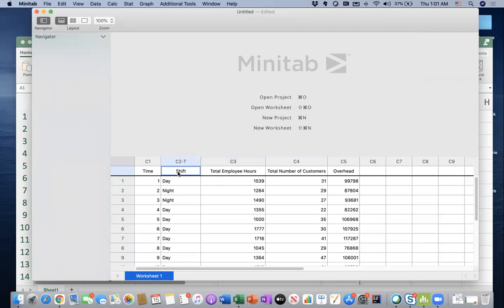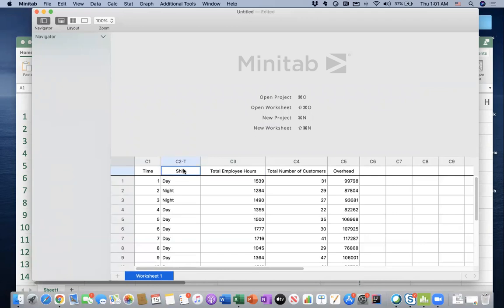On the other hand, the shift variable can take up only two observations, right? It is either a night shift or a day shift. So the shift variable here is a categorical variable, right? Usually when you have, for example, information on your employees like gender type, female, male, or other categories, those are a good indication that you are dealing with categorical variables.